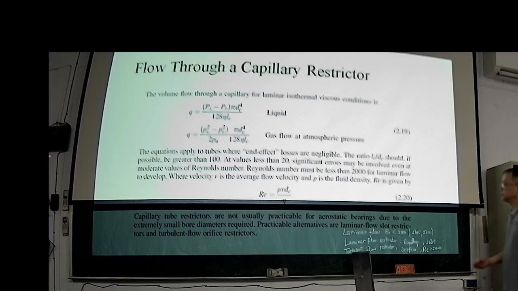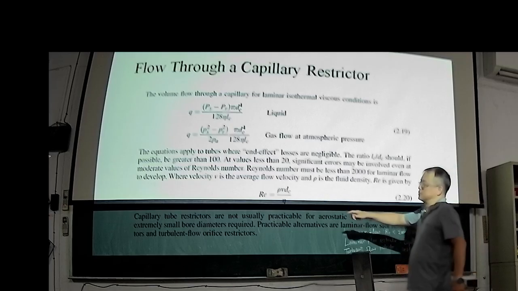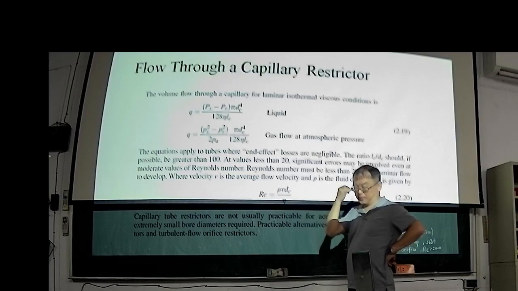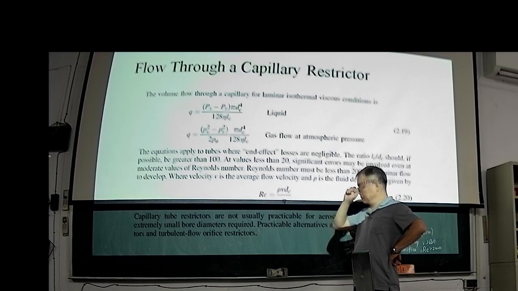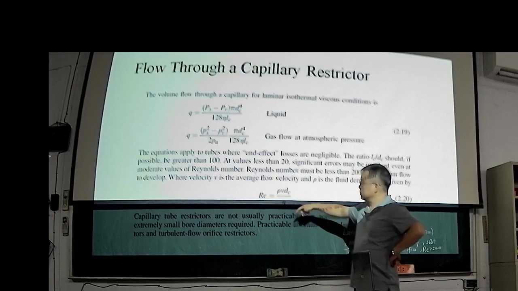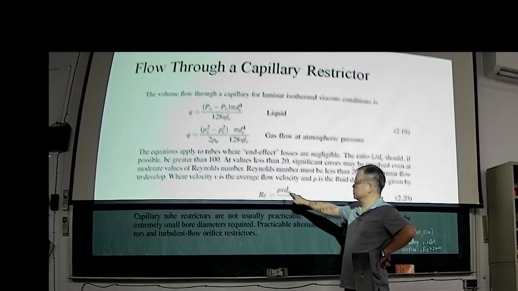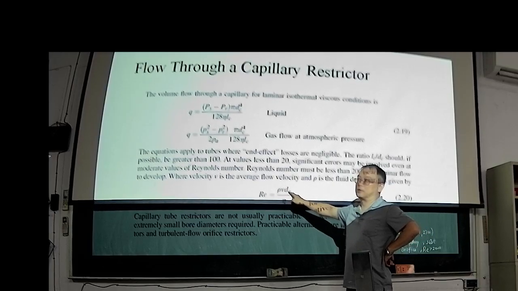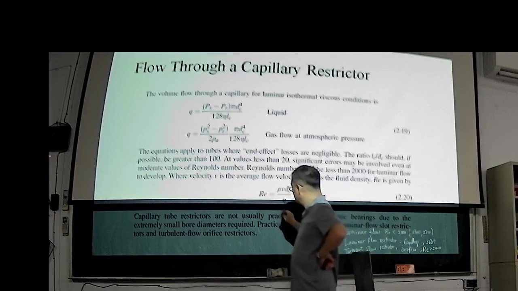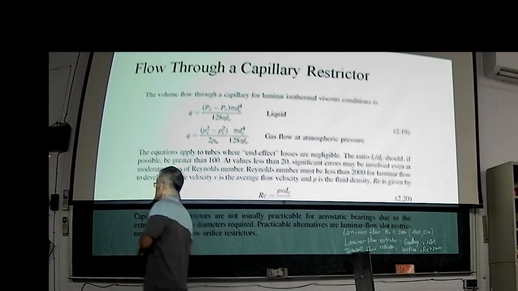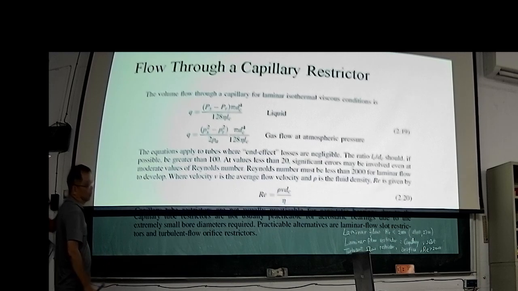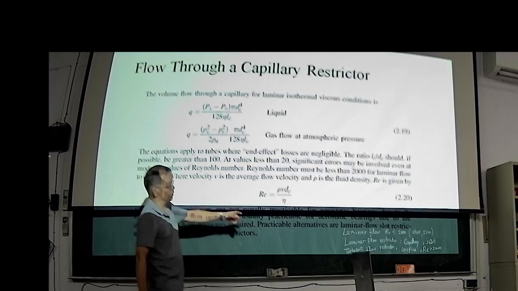So here we have the Reynolds number. This is the velocity of the flow, this is the diameter of the capillary restrictor, and this is the viscosity of the lubricant.